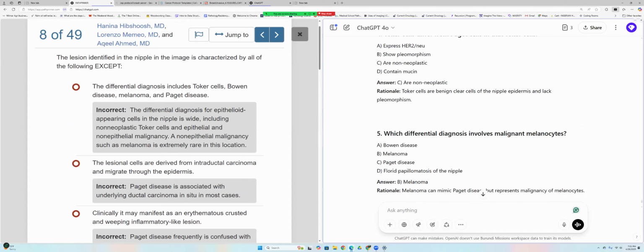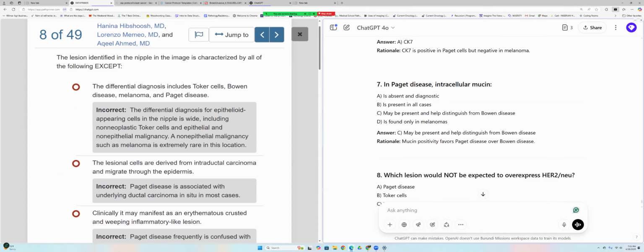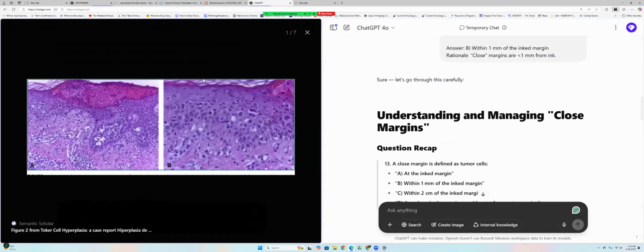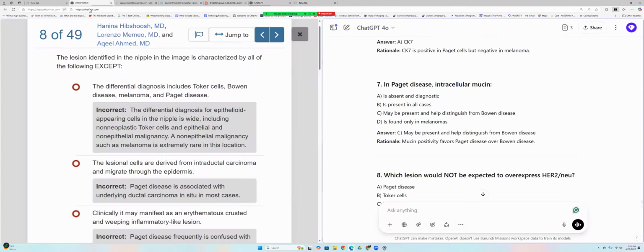So that's what you can associate the two using CK7. In Paget there is mucin. We saw mucin in the last Paget disease we saw, remember? Look at this: mucin surrounding the nucleus. This favors Paget more than Bowen disease.